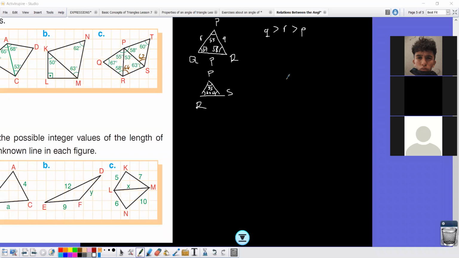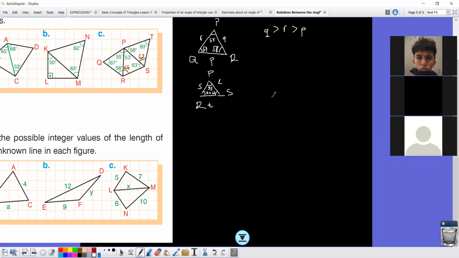We have the sides R, S, P. But this P and this P will be mixed, so let's write something else: R, S, T. And this R and this R are not the same, so let's change it to S, T, L. Which one is the longest here?